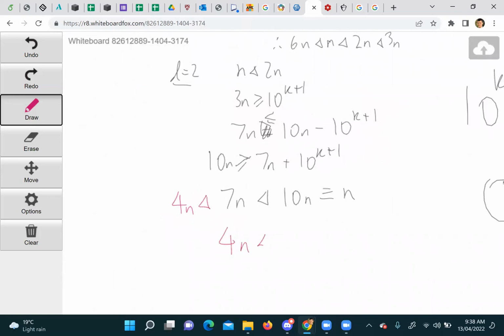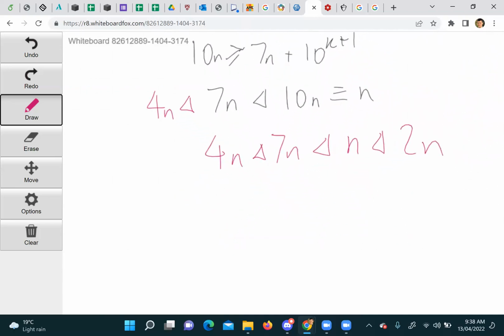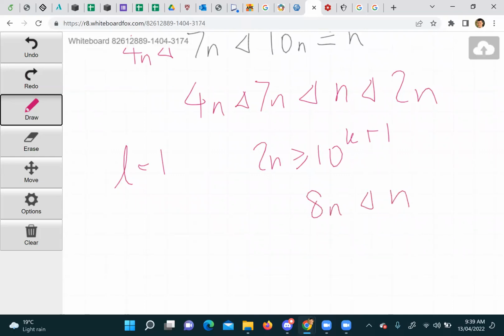You got 4n less than 7n is less than n, which is less than 2n, right? There's at least 4. And then for L equals 1, we have 2n is greater than 10 to the k plus 1. So you get 8n is less than n is less than 6n is less than 4n is less than 2n. So I guess it's quite fast.